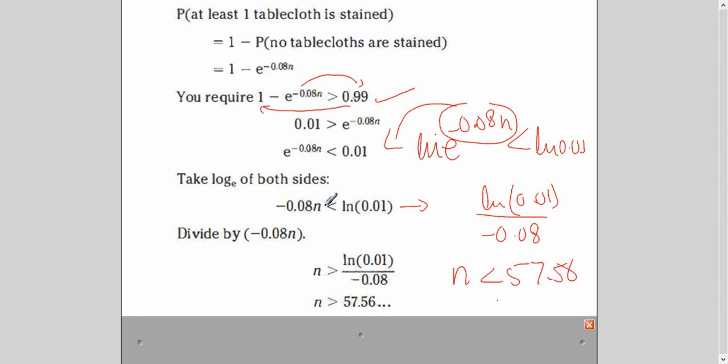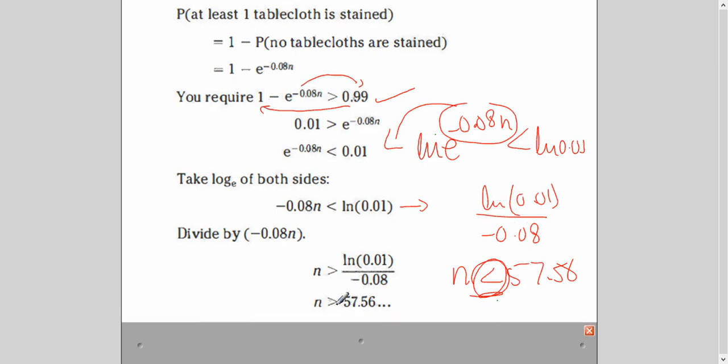Why? Because they do not realize that they are dividing by a negative number, so they have to reverse the sign of inequality. And I hope you know the reason behind it. So this is the common mistake where students go wrong. So please remember, when you're dividing by a negative number, you have to change the sign of inequality. If you do the direct thing, you will get a plus number straight away.